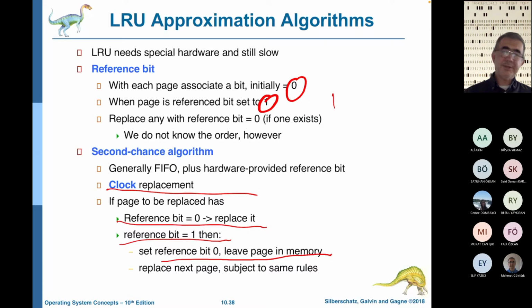But if it is accessed again, its reference bit is set again, so it becomes new again. So one side puts the clocks down, and as you reference, it increases.